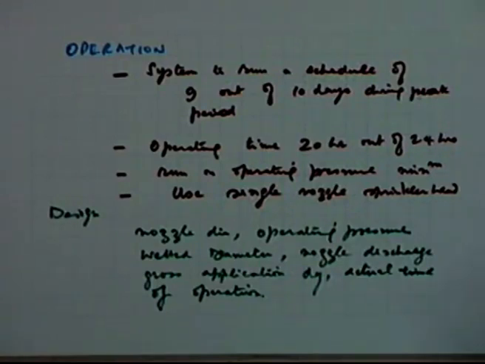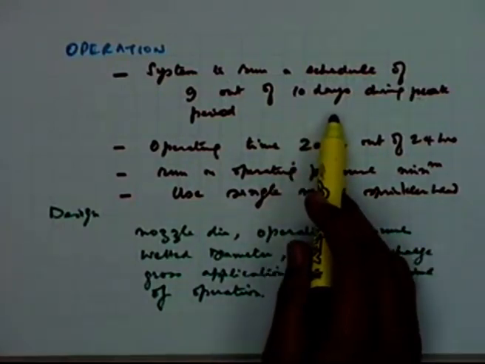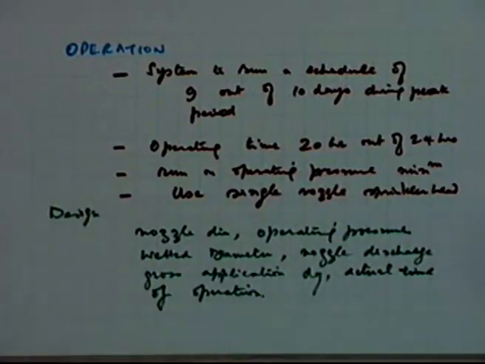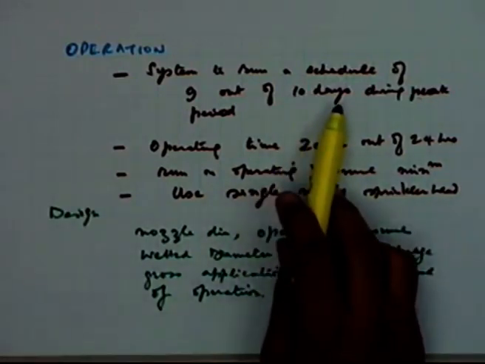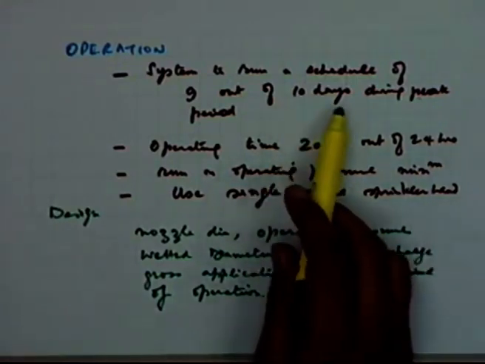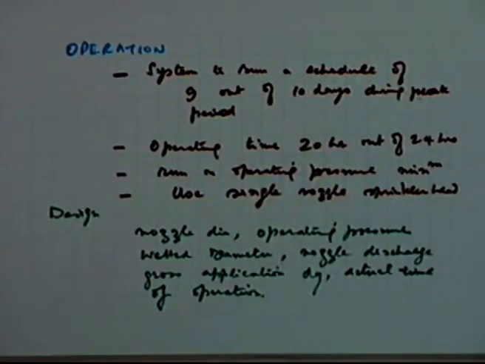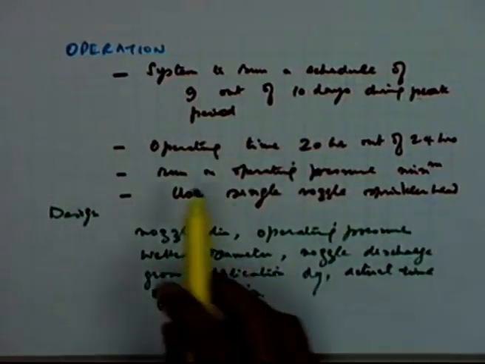You can also have a bigger time interval, but it should be multiple of this limit. If you feel that the time interval of 10 days is not sufficient, you might go in for 20 days time interval, but it has to be multiple of this 10 days period, which is the basic period of schedule.